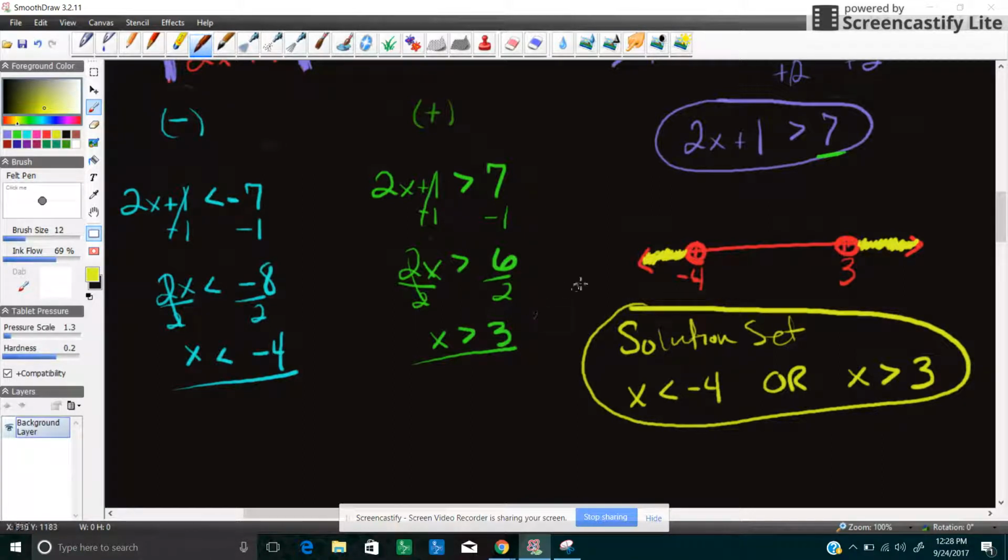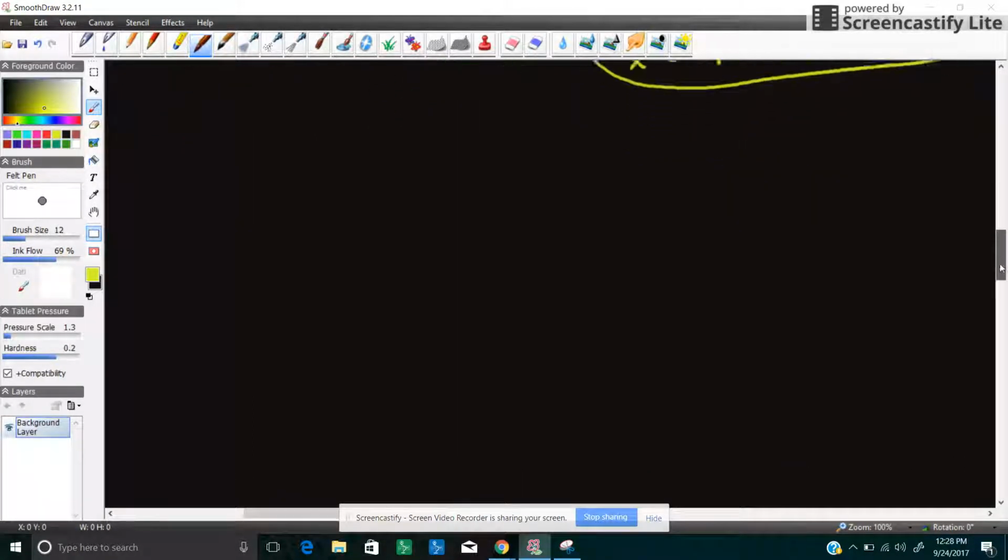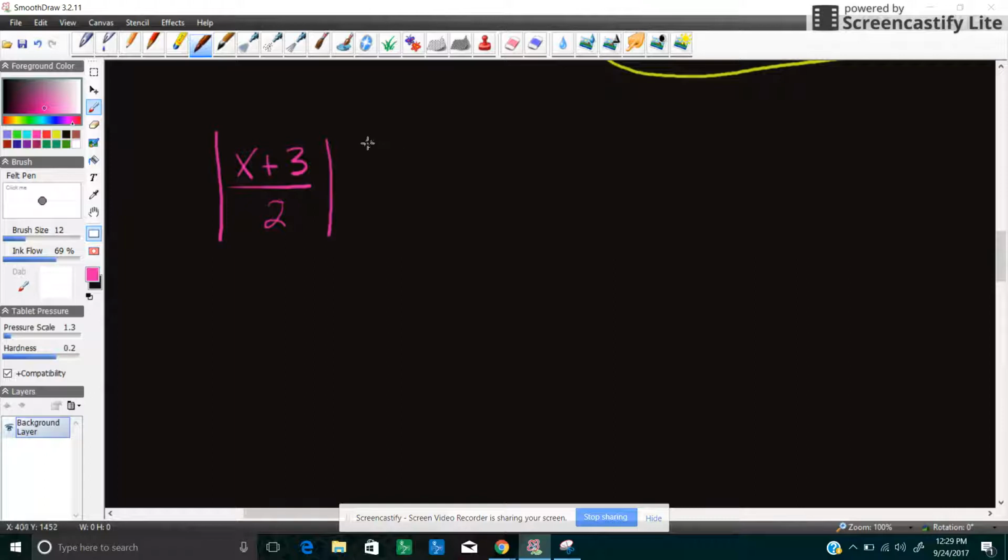Let's go ahead and do one more. We'll do a real quick one so we don't run out of time. Let's say we have something like absolute value of x plus 3 over 2 greater than or equal to 9.